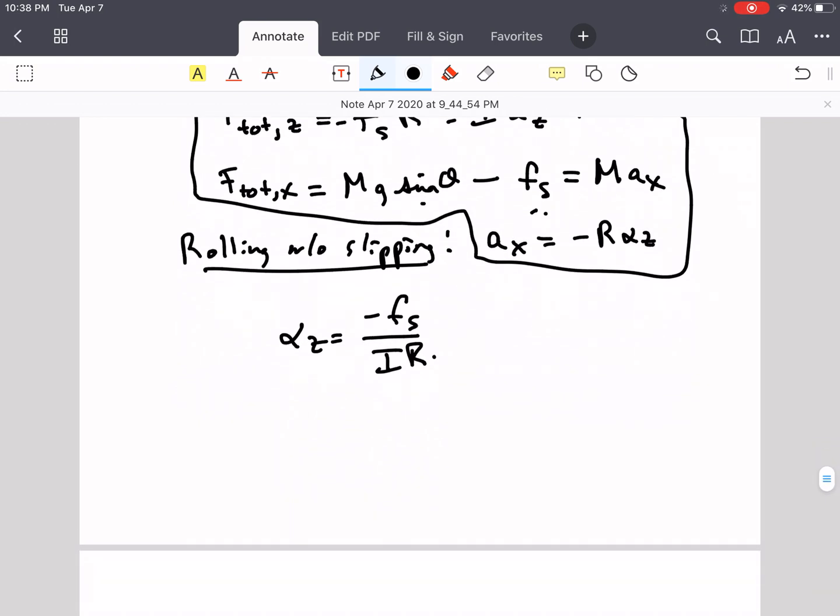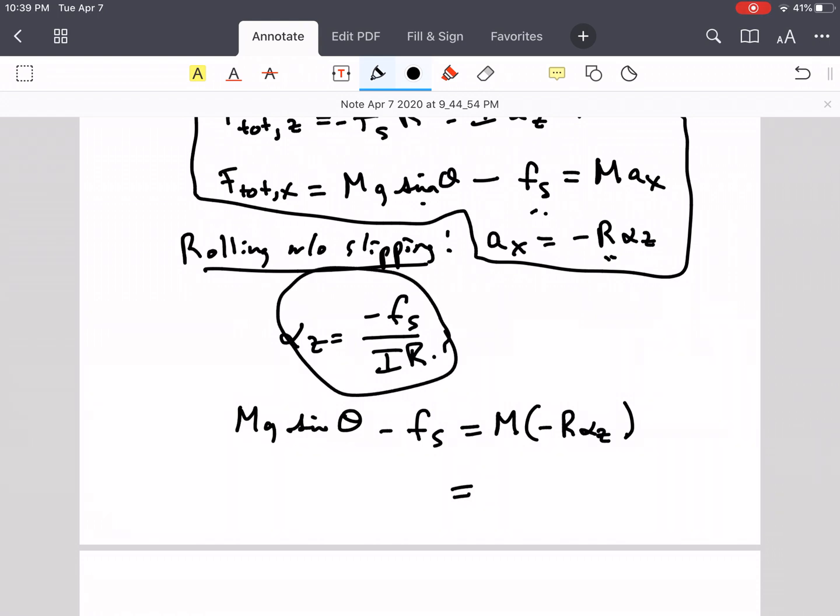So mg sine theta minus the force of static friction, which we don't know, is equal to mass times acceleration. So that's mass times negative r alpha, using our rolling without slipping rule. And that in turn is equal to, if I plug in alpha equals negative Fs r over I, simply equal to positive m r Fs over I r.